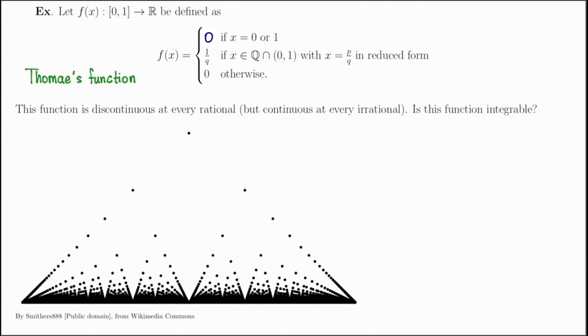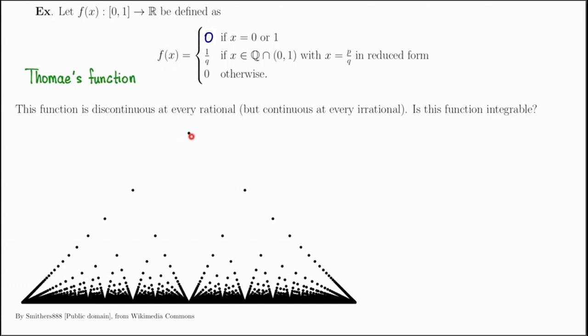So x equals 2/3 would get mapped to 1/3, x equals 1/2 would get mapped to 1/2. And you can see that's actually the biggest value because 1/2 is greater than 1/3, 1/4, 1/5, 1/6, every other possible denominator that we could have.